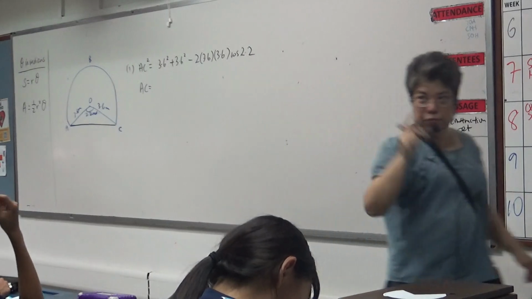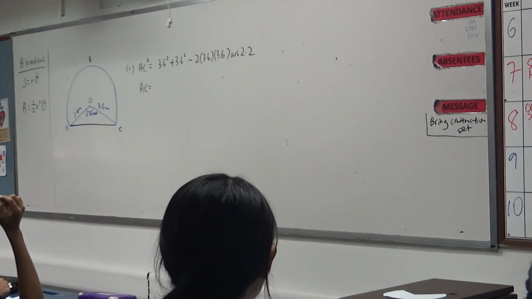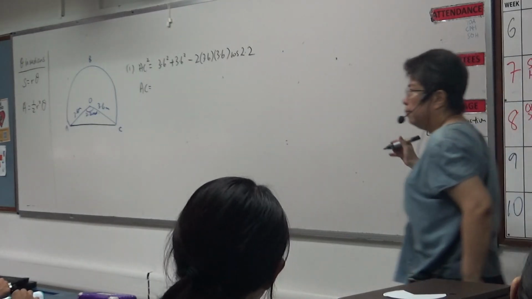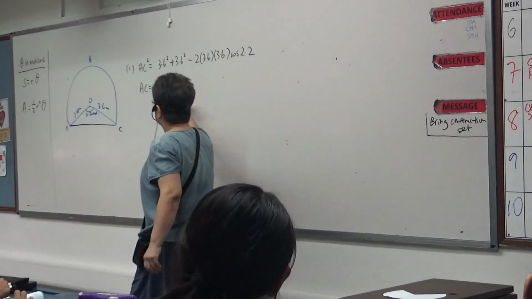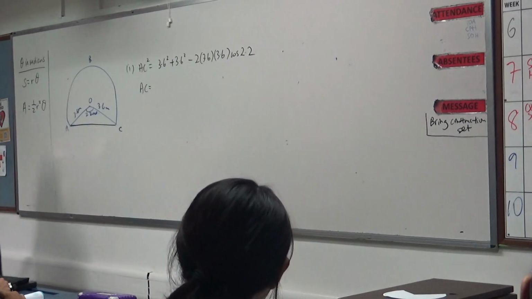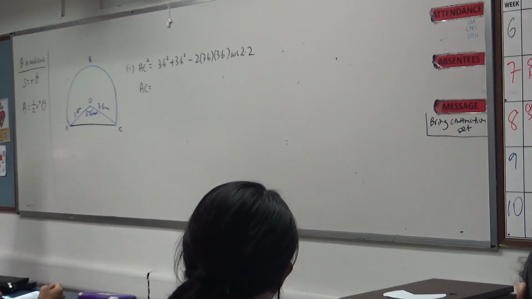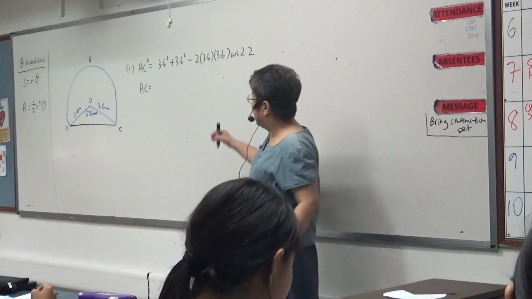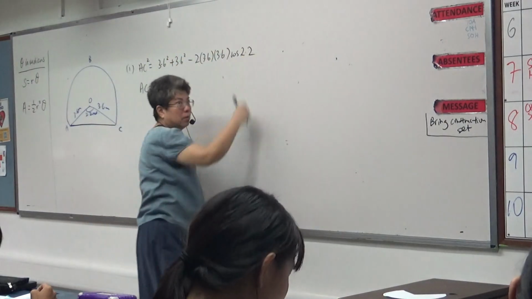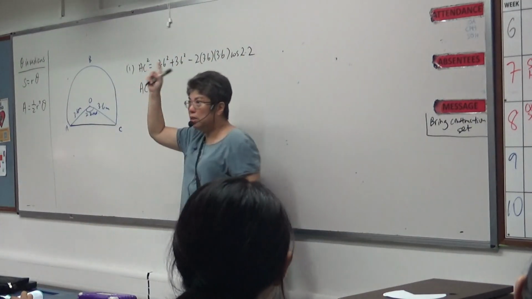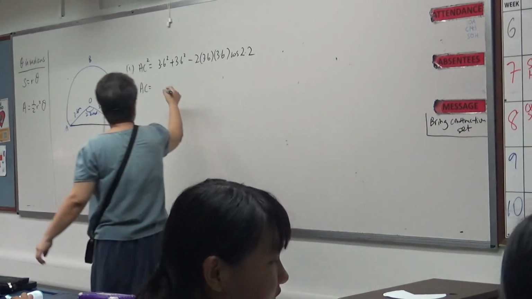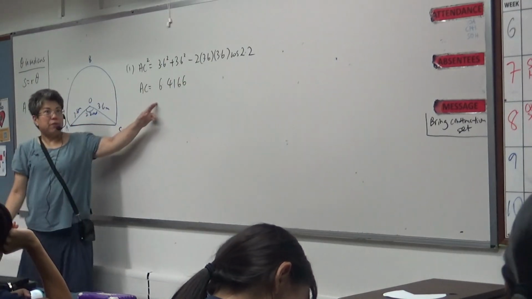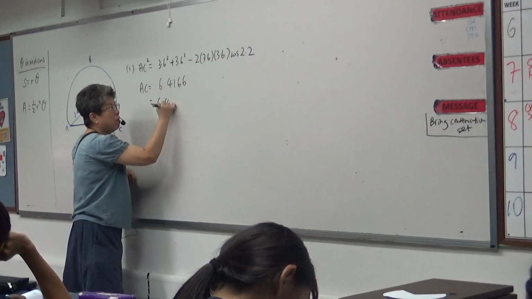Can all of you key in and give me the 5 truncate? No, I say square root of this. I already say AC. I want AC. I don't want AC squared. 6.4166. Is this correct? 5 truncate, then it will be 6.42.